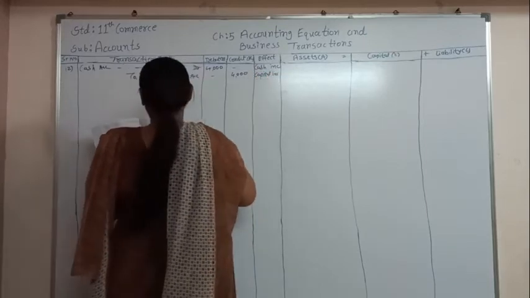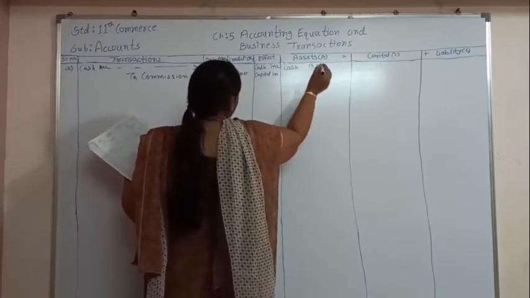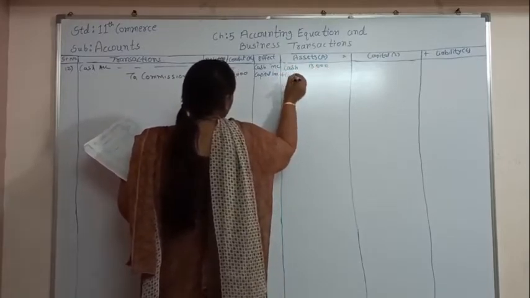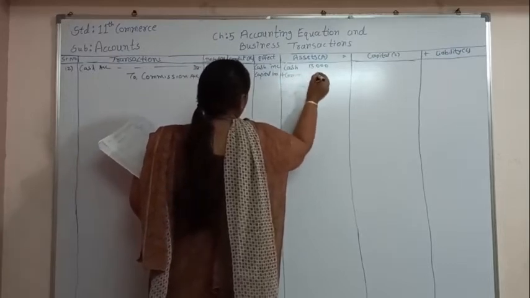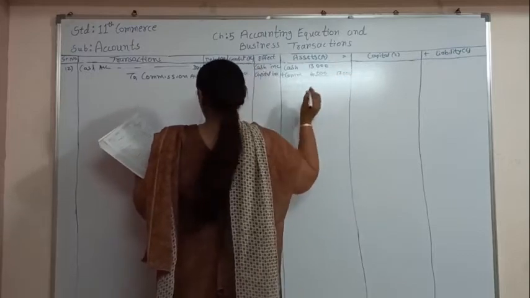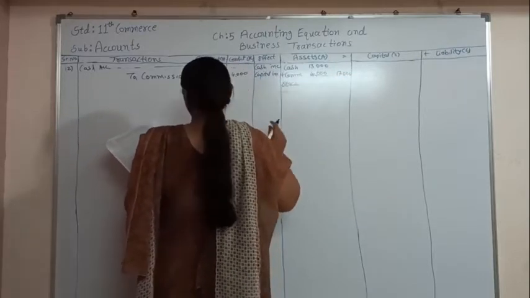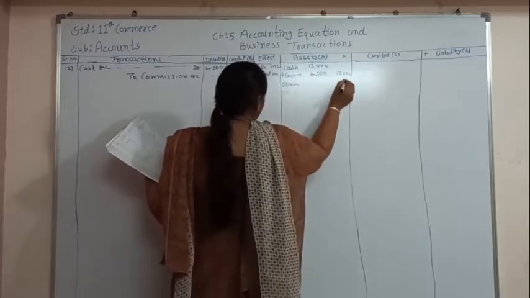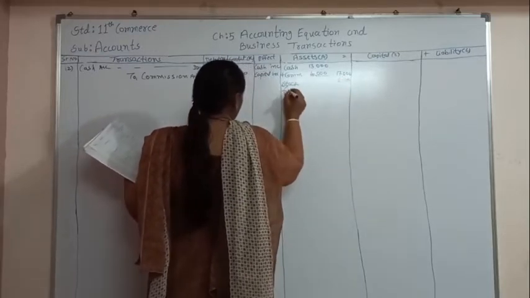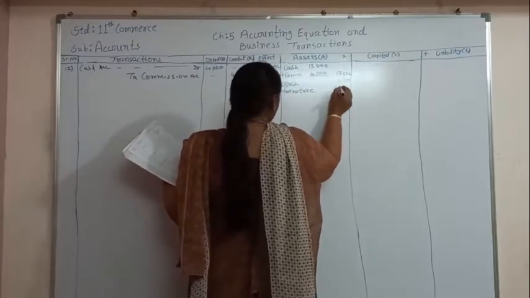Cash is increased, as well as capital is going to be increased. So here cash account 13,000 plus commission 4,000, total will be 17,000 plus stock. So stock is of rupees 6,000. Then furniture will be of rupees 10,000.